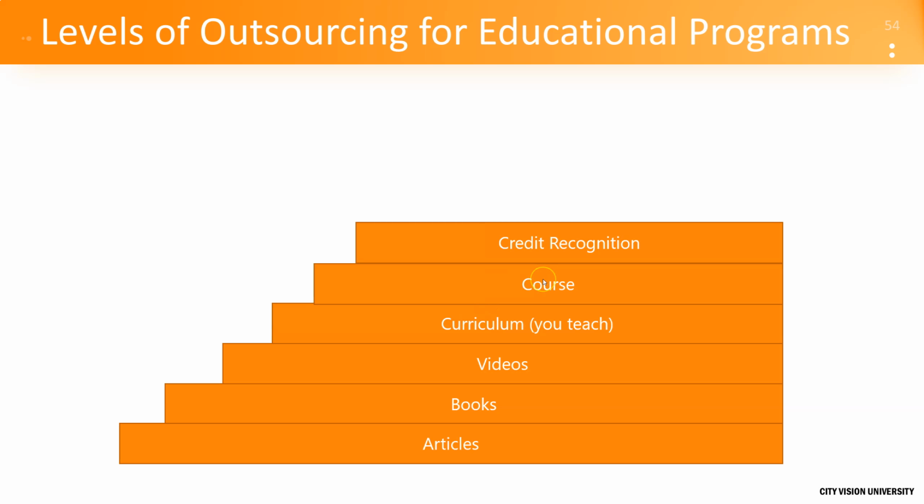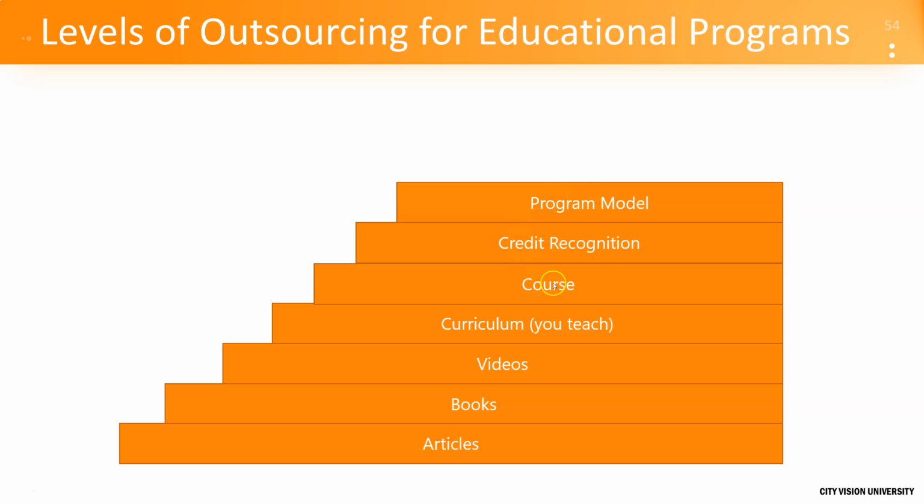And then if you work with a third party for a course, often you can get credit recognition. So one of the partners we work with is the Urban Ministry Institute. It's a one-year Bible school, and we can grant credit for that if you use the Urban Ministry Institute curriculum and courses.